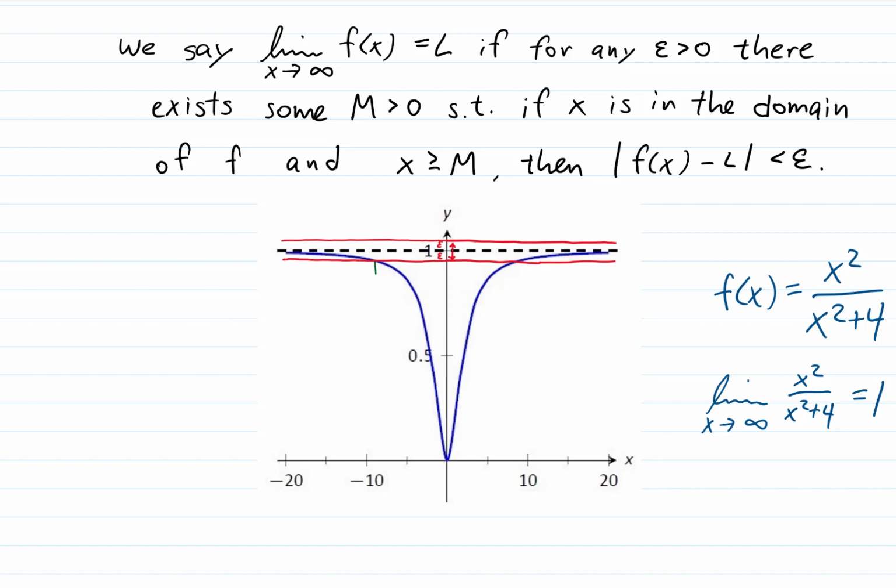Our m is going to be over here, and x will surpass m in that direction. So m will be a negative number and x will be less than or equal to m in order for the distance between f of x and L to be less than epsilon. Okay? All that's left is for us to write that down.